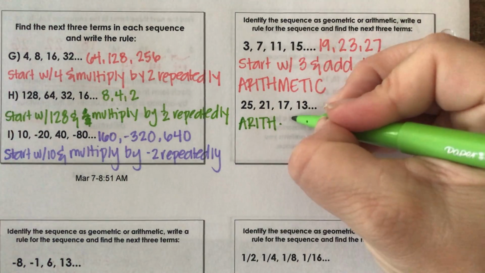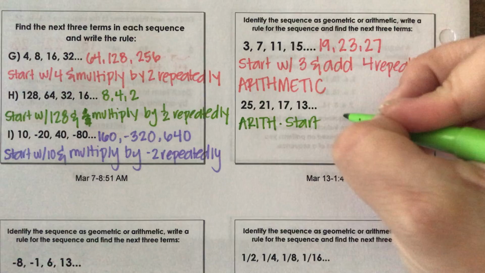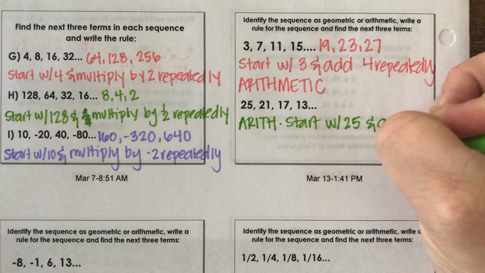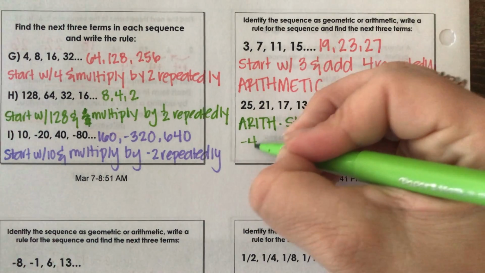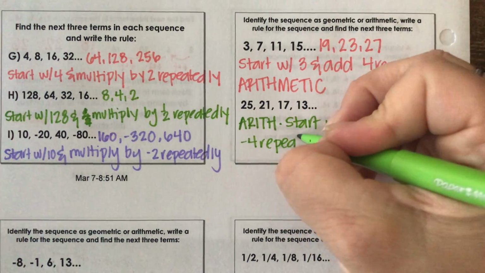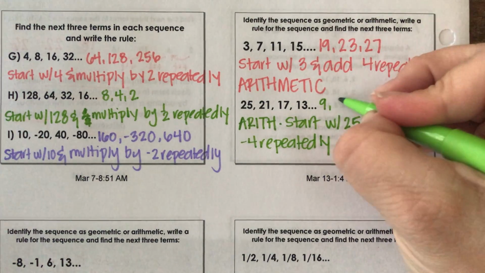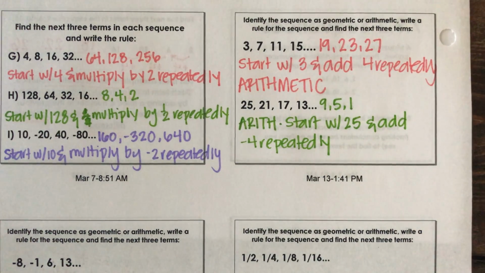So it's an arithmetic sequence, and our rule is start with 25 and add -4 repeatedly. So then you would go 9, 5, and 1. Okay, so the next few sequences, why don't you try them on your own, the next slide of 2, and then we'll come back and check our answers.